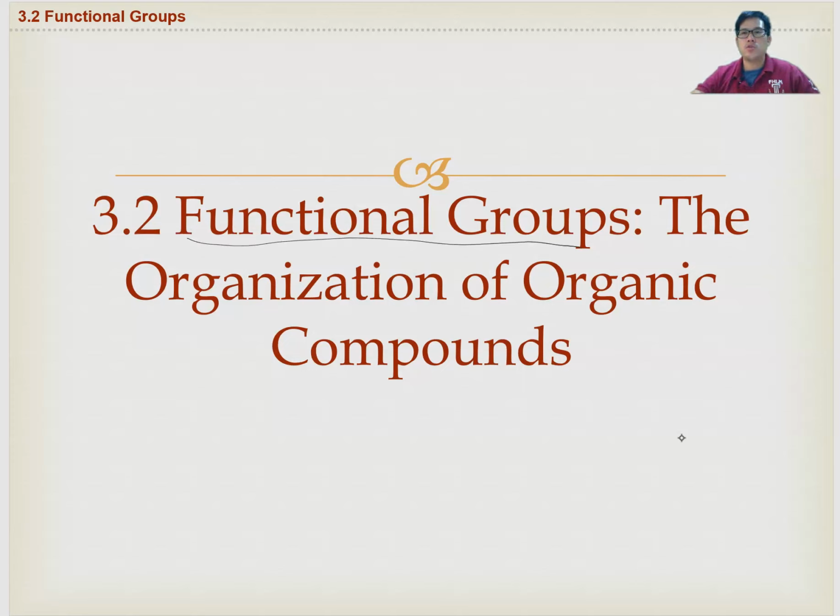When the molecule has a certain group attached to it, then we can classify it based on that. As the name tells you, these groups have a certain type of function or characteristics. That's why we call them functional groups.